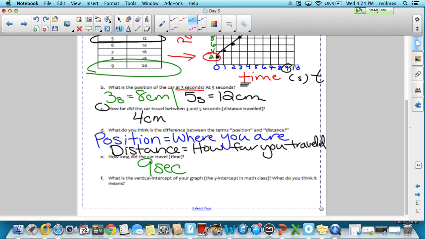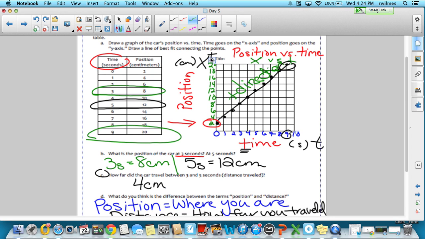Awesome. What is the vertical intercept on your graph? This is the traditional y-intercept that you have in math. But remember, be careful because now we're going to call that vertical intercept the position line, which is x. X is going up. All right, this question asks, what is the vertical intercept of your graph? So the vertical intercept, where does it intercept this part? All right, this is vertical, up and down.